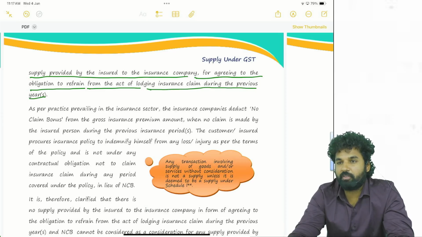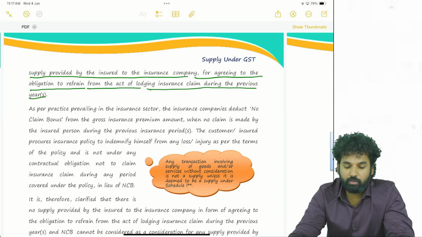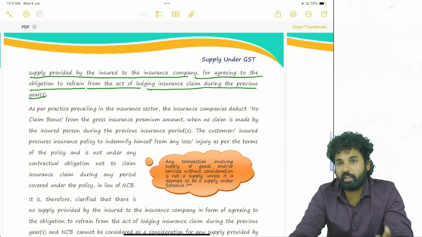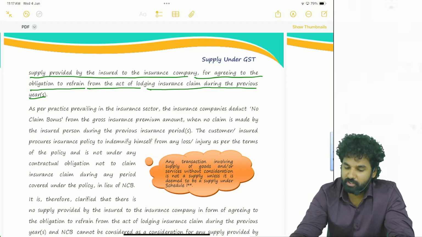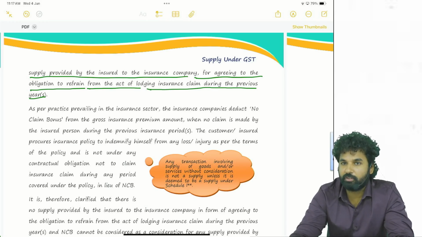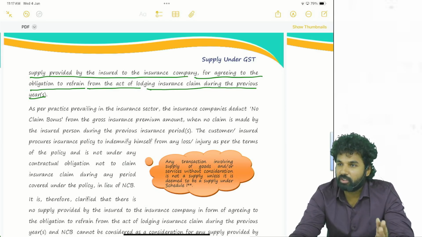How did it become a service? Agreeing to refrain from an act, agreeing for not claiming. Will it be treated as consideration? If it is a consideration, then it can be treated as a supply, is the question here. So it is not a consideration, it is not a supply, it is not a service.